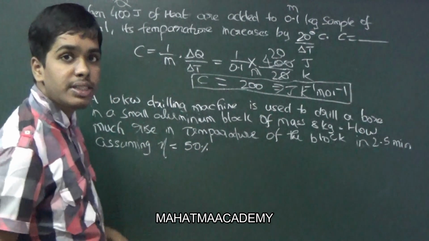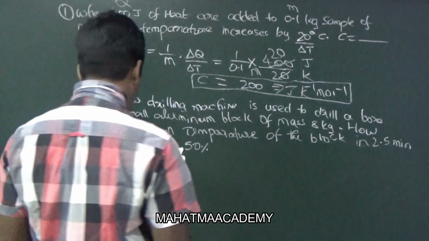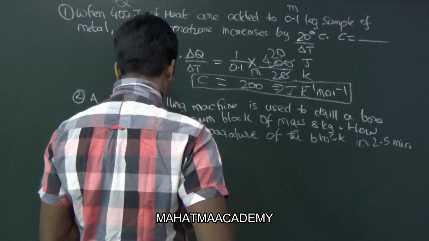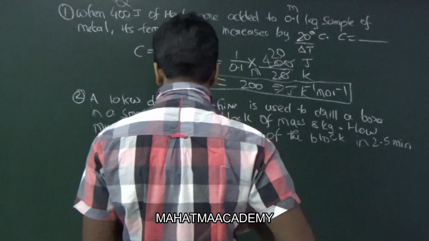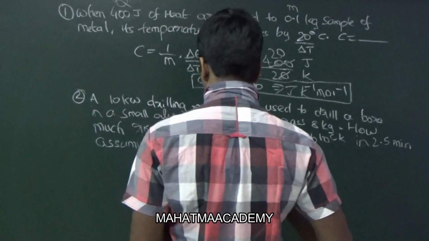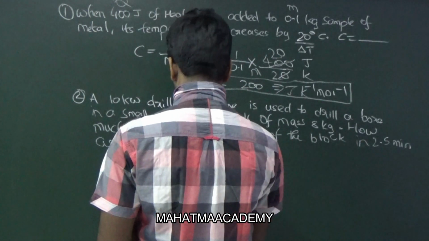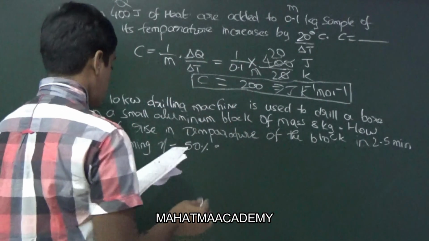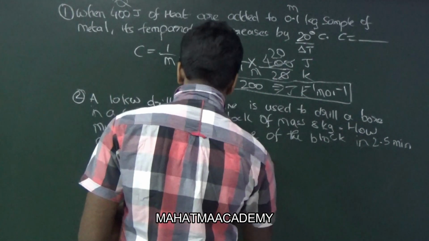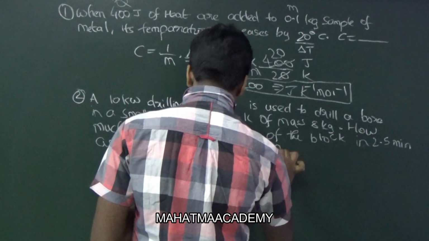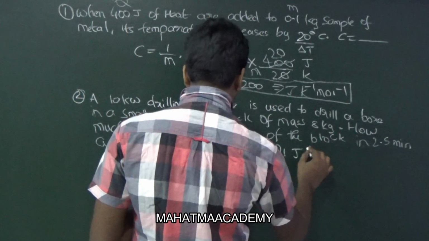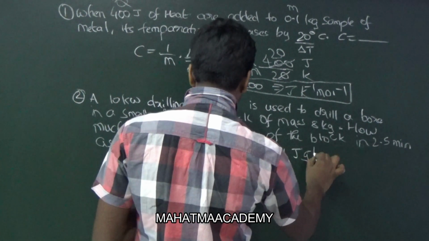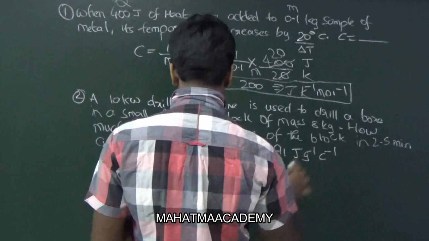Okay, as you see, the efficiency was 50%. Now we want to find out the rise in temperature. Its specific heat is 0.91 joule per gram per degree Celsius.